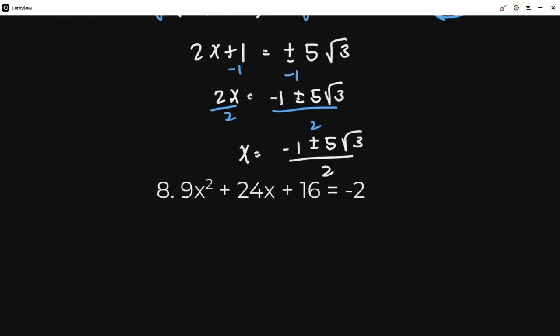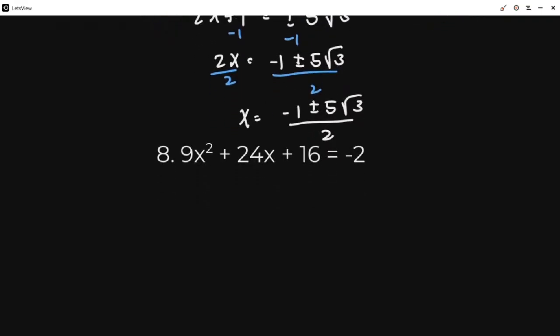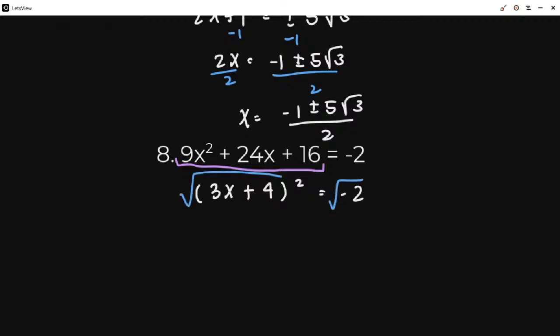Okay, next one. Again, this is a perfect square. So this is 3x plus 4 squared, and that equals negative 2. So to solve it, we're going to square root both sides. So we get 3x plus 4 equals plus minus i rad 2.